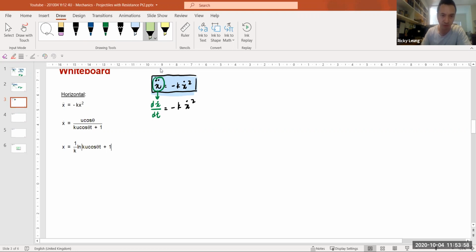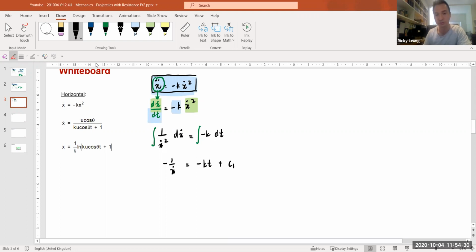We're going to use differential equations where we take the v's on the same side and throw the dt over with the k, and you get an expression where it's 1 on v squared dv equals minus k dt, and then integrate both sides. Nothing too fancy there. That obviously gives us minus 1 on v. If you're a gun at integration, do that in one step, and this side minus kt plus our first constant, C1.